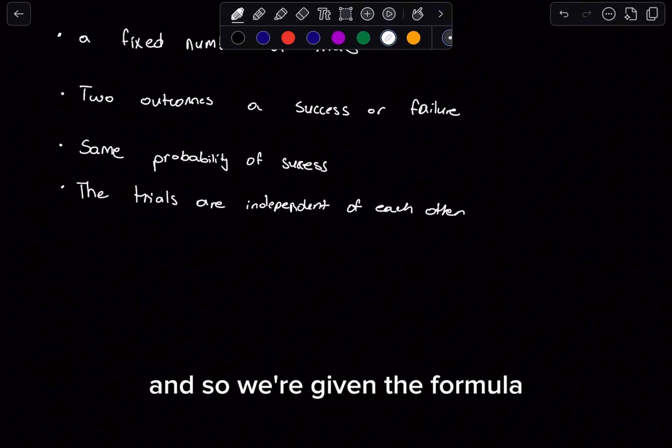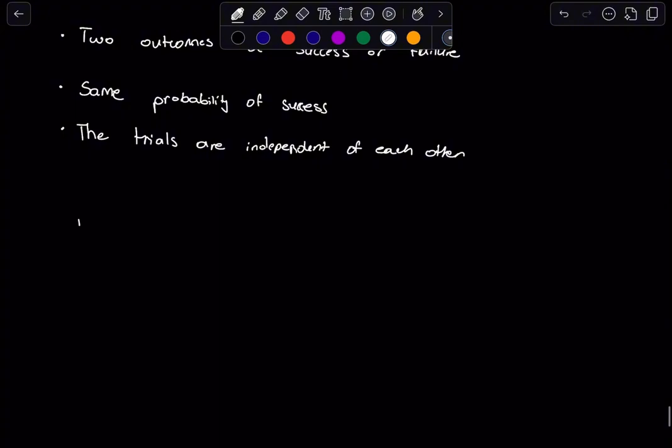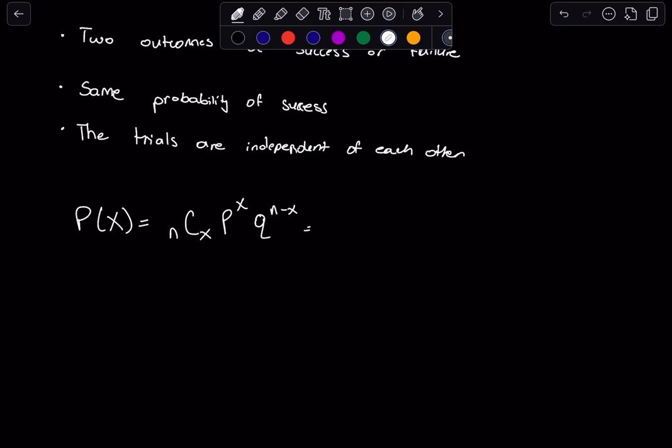And so we're given the formula. Probability of X is the combination of n choose X, P to the X, and Q to the n minus X. What does this mean?